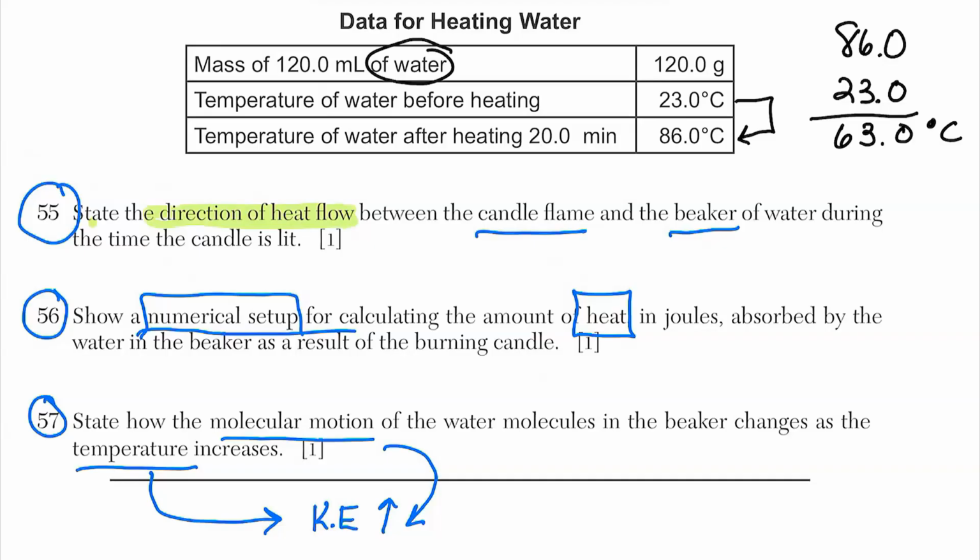It's independent of the size of the mass. So temperature is the average kinetic energy, and kinetic energy is motion energy, which is molecular motion. If the temperature increases, the molecules are moving more in that sample. If the temperature decreases, they have less energy to move, and they move less.